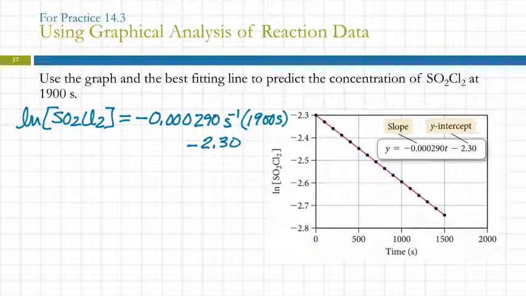So negative 0.000290 times 1900 minus 2.30. So the natural log is equal to negative 2.851.